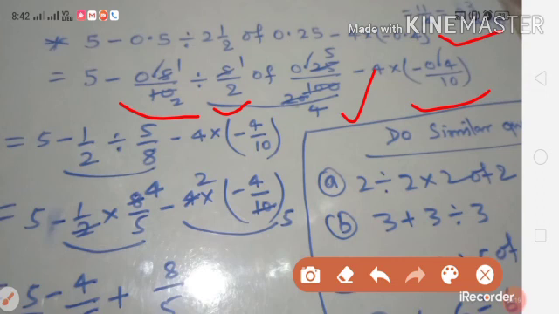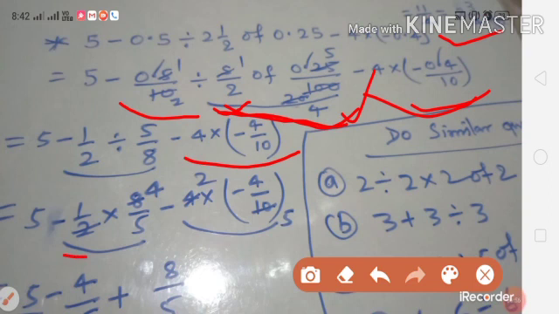But here this is the function of "of", so we can cancel also in cross. 5 1s are 5, 25 4s are 100, and 5 5s are 25, 5 4s are 20. So here we find 5 by 8, and this is the multiplication, so we write it in the same form. Now go ahead for the function of divide.